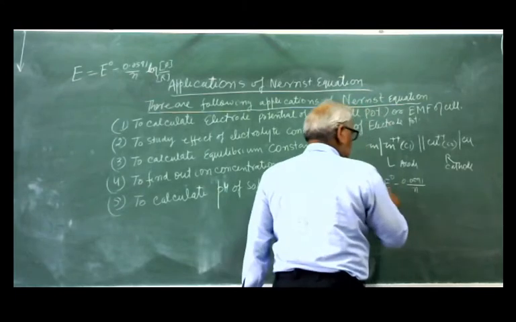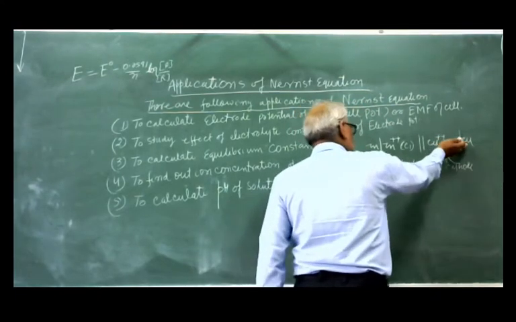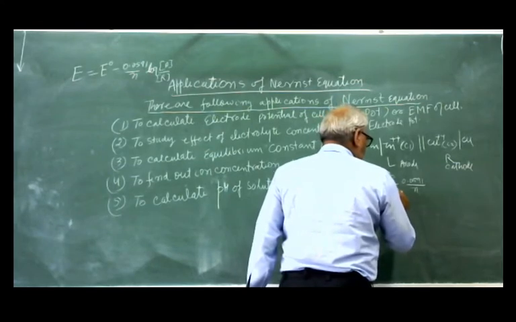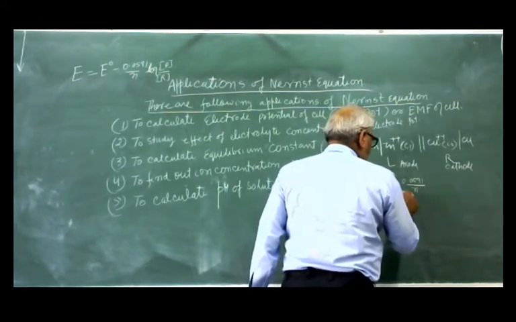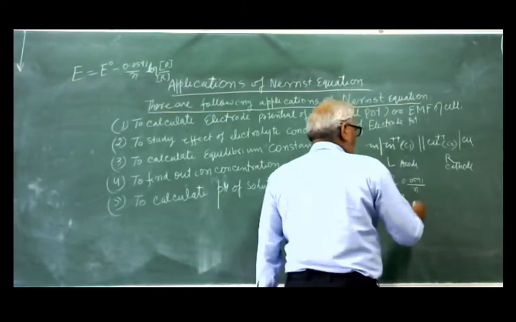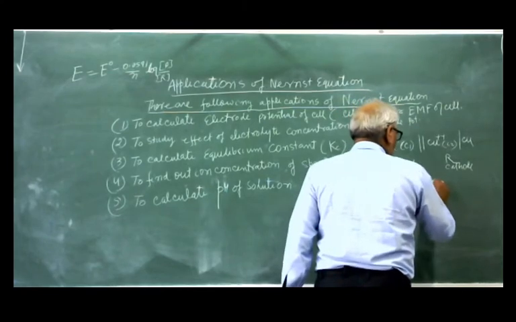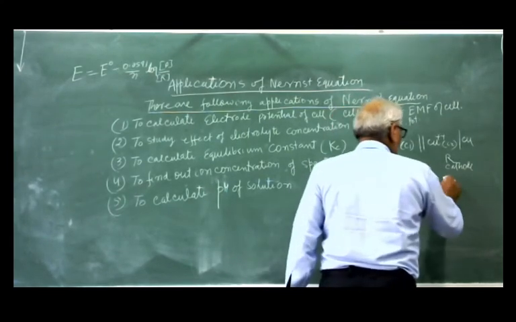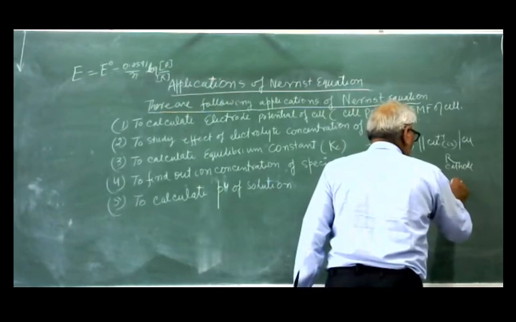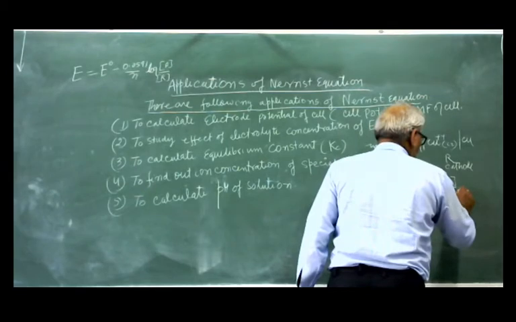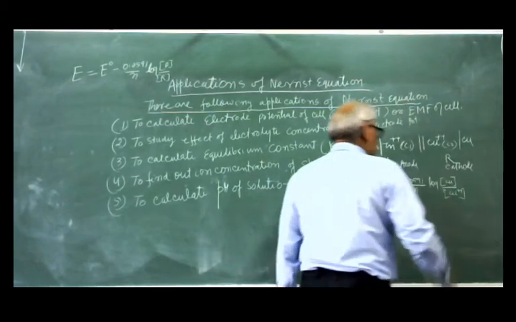This is the E0 of copper ion to copper, and the log of the concentration of the copper divided by the concentration of the copper ion.